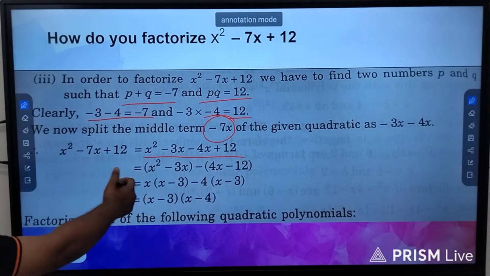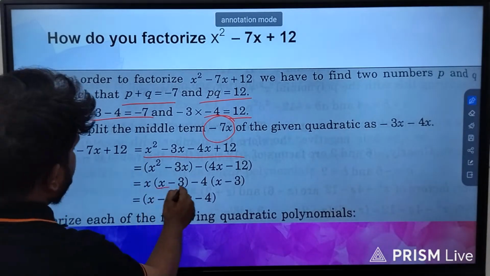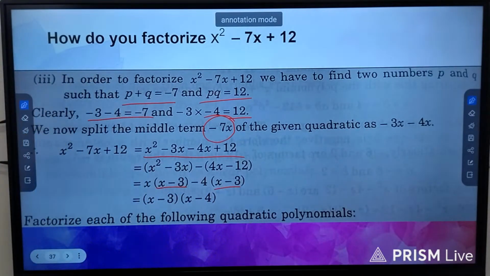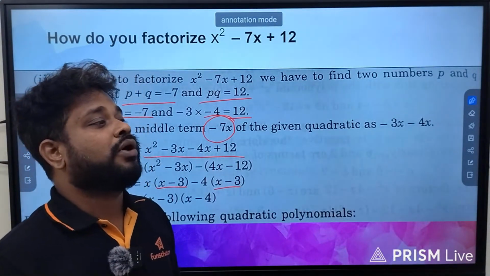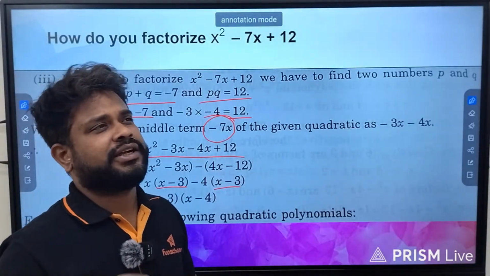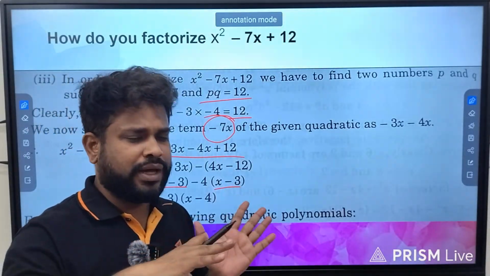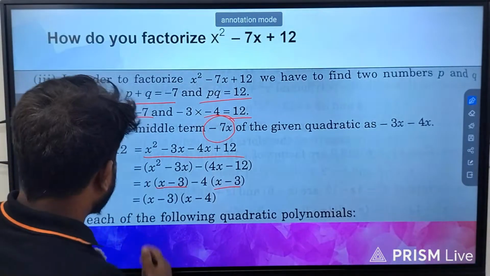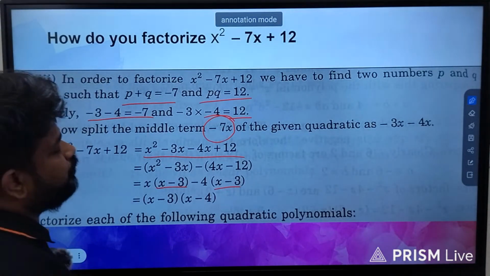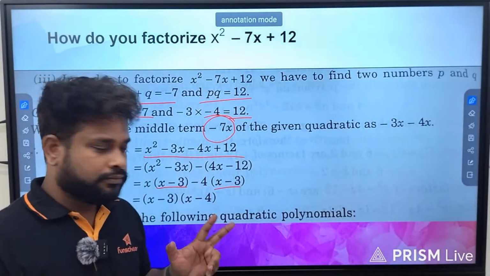Then again take x common and 4 common, so it will be x minus 3 on both sides. Then take x minus 3 as common. Generally we do not call it the distributive property, yes we have learned this, but we generally call it taking common. So x minus 3 and x minus 4 is the final answer.